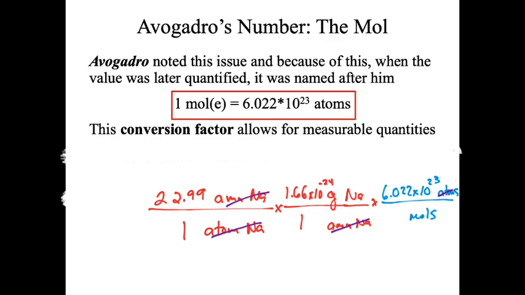I take 22.99, I multiply it by 1.66 times 10 to the negative 24, multiply by 6.022 times 10 to the 23rd, a crap ton of math, and it becomes 22.98. Science.